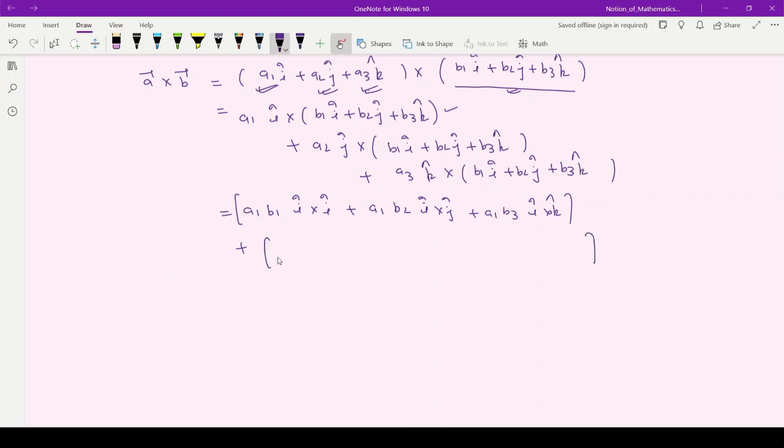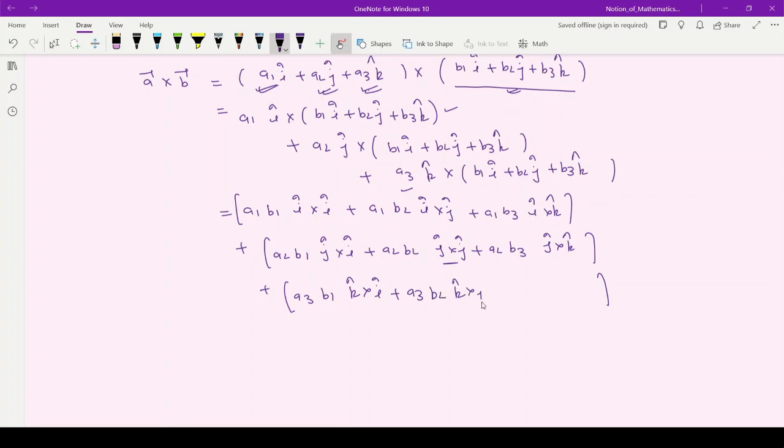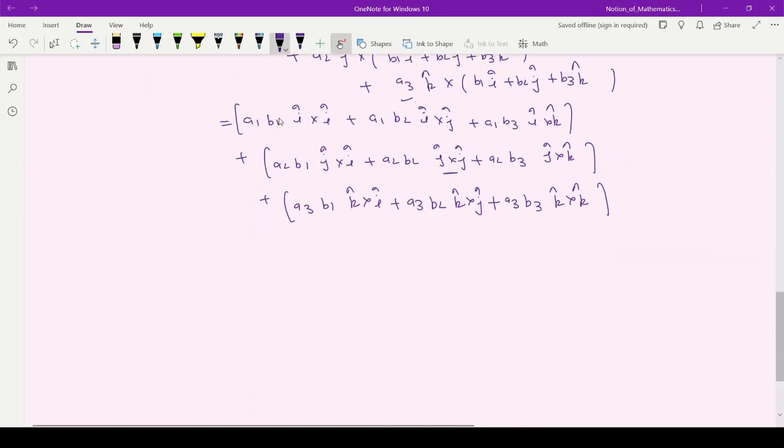If I expand the second one, A2 B1 J cross I plus A2 B2 J cross J plus A2 B3 J cross K, and the third term is A3 B1 K cross I plus A3 B2 K cross J plus A3 B3 K cross K. And as I have mentioned in this video earlier, I cross I is 0, J cross J is 0 and K cross K is also 0.